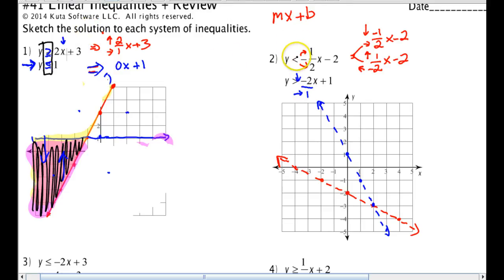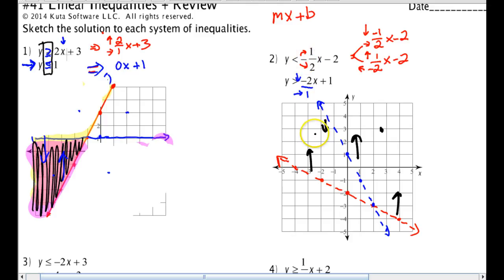We want it to be below the red line, the first line, but above the blue line. Where is that? Okay, so this is above both of them. So that's not it. Here is below the blue, but above the red. Is that what we want? Below blue, above red? No.